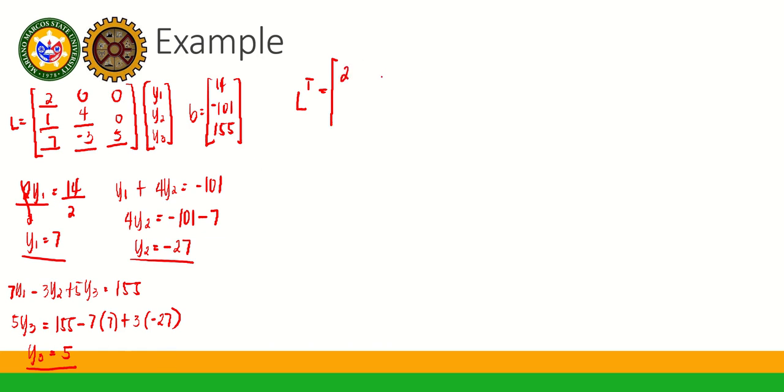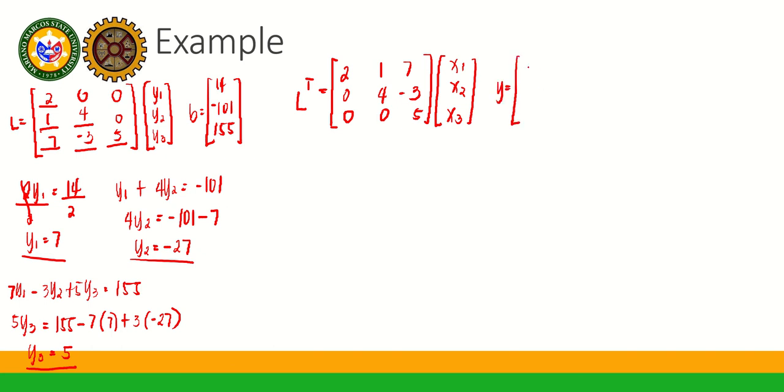So this will be equal to 2, 1, 7, and then 0, 4, negative 3, and then 0, 0, 5. Solving for x sub 1, x sub 2, and x sub 3. And for our constant, that will be the y values solved. Y, negative 27, and 5.